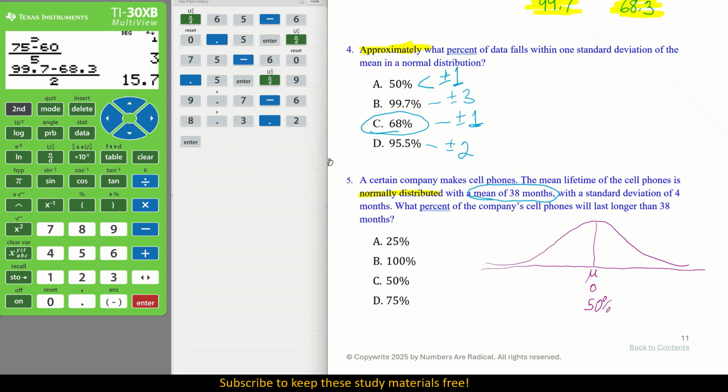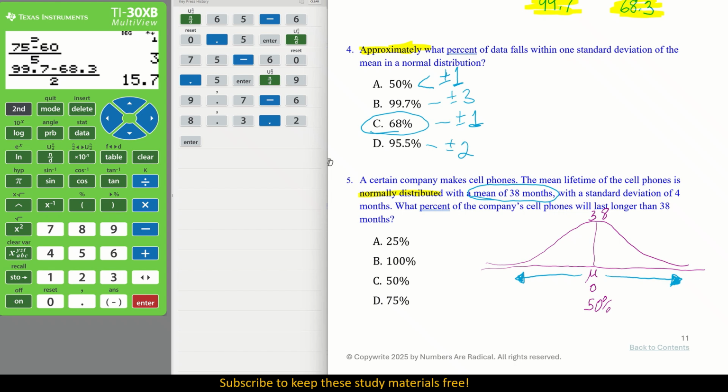And the mean, mode, and median will be equal. For us, that mean is 38. So everything in the center is 38. This means that 50% of the cell phones have a life less than 38 months. Past 38 months, the other 50% will finally die out.